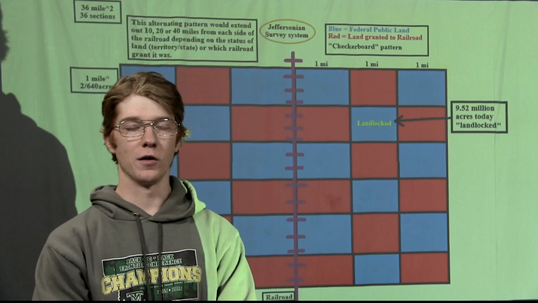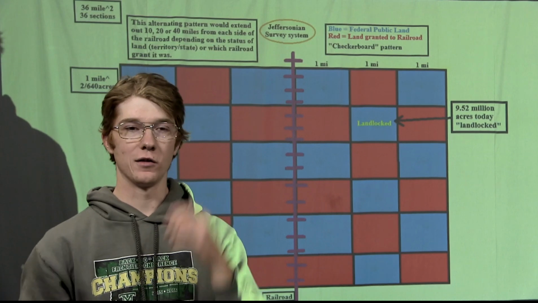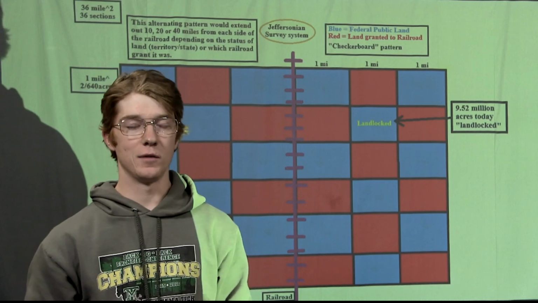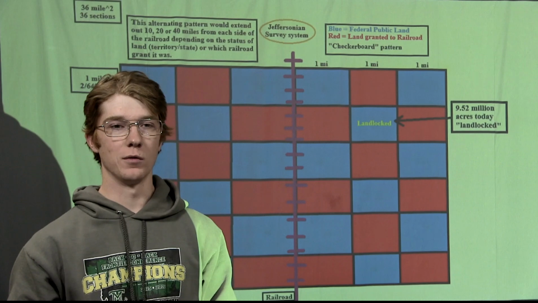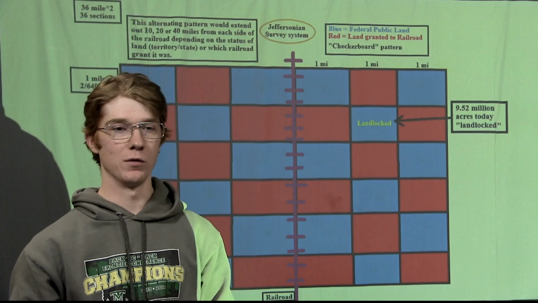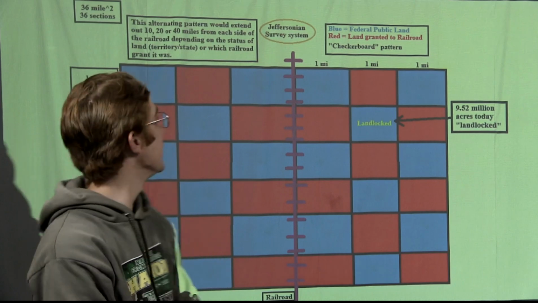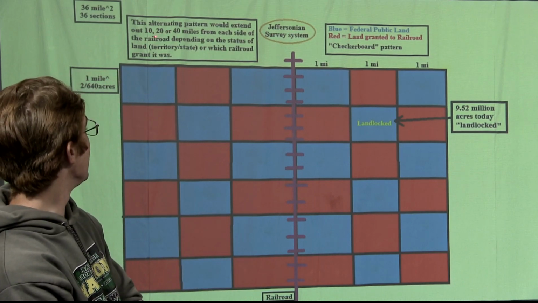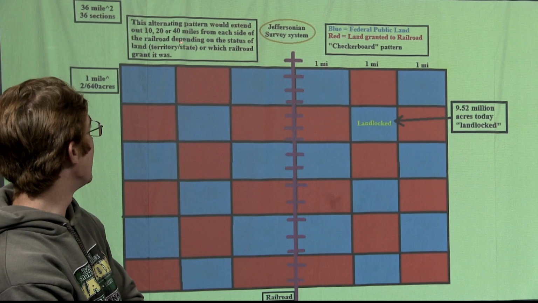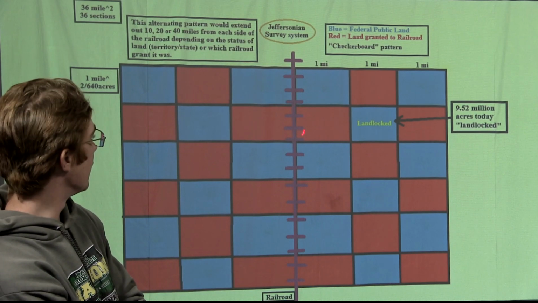Depending on which railroad grant it was and if the railroad was being built through a state or territory, these grants usually gave out sections extending 10, 20, or even 40 miles from each side of the railroad.